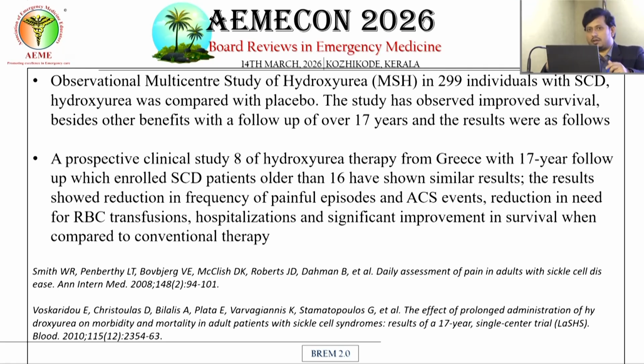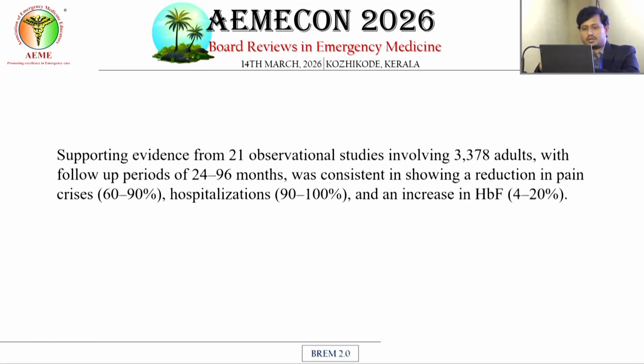Even the American Society of Hematology is recommending it, and the national guidelines and the ICMR project also recommend using hydroxyurea. This is a meta-analysis of 21 observational studies involving 3,378 adults, done jointly by the European Society of Hematology and the American Society of Hematology.